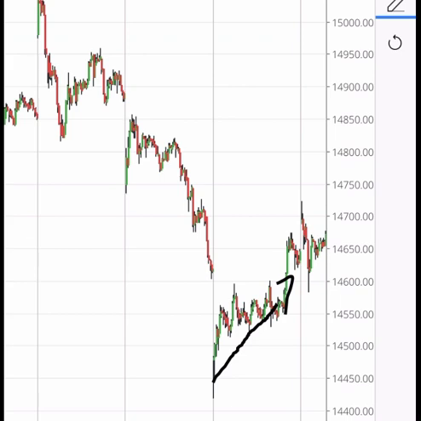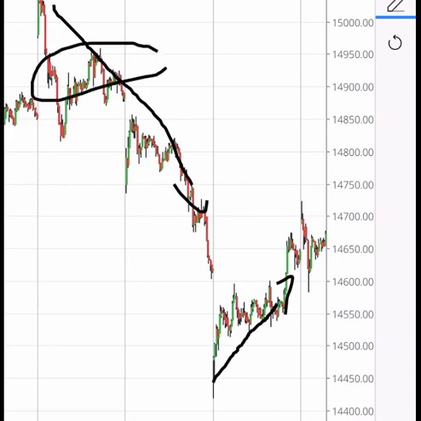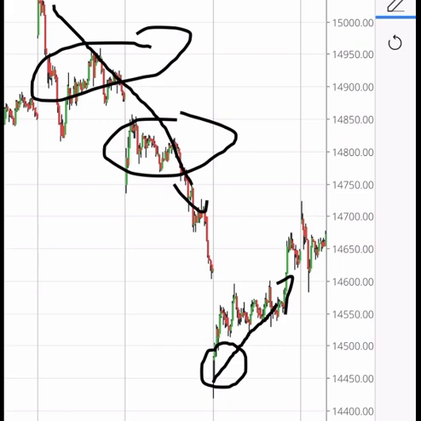So in the last few days, the market was trending on the downside, and these people who are shorting over here will have made a huge profit on this day, when the market opens with a huge gap down.